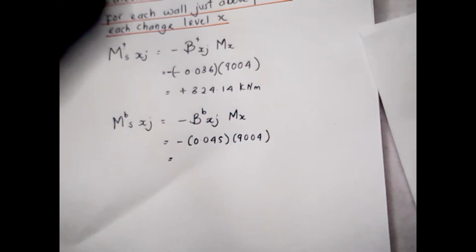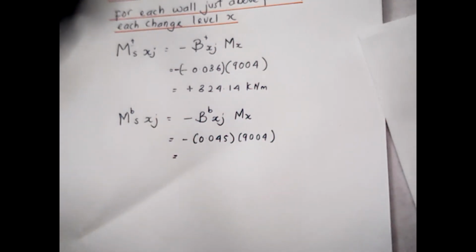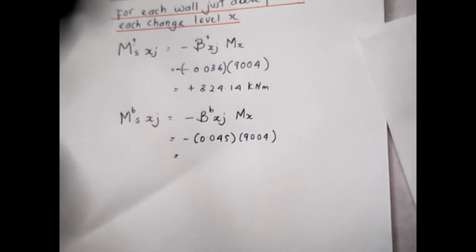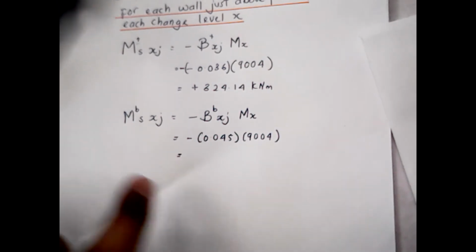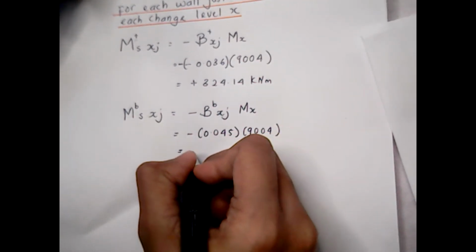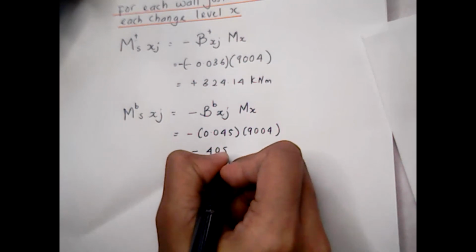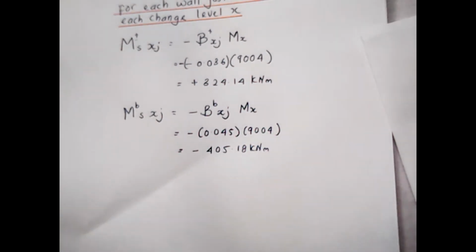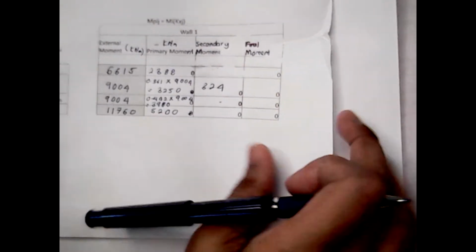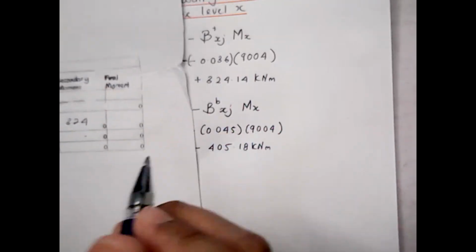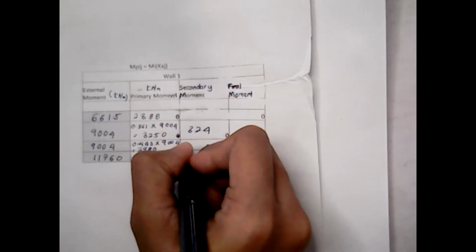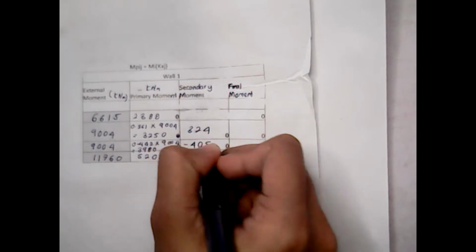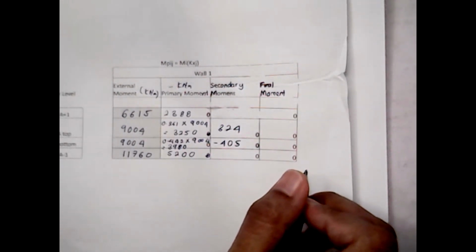So you calculate 0.045 times 9004, and you finally get negative 405.18 kilonewton meter. That is how you get it. Then you fill in the value, negative 405 kilonewton meter.